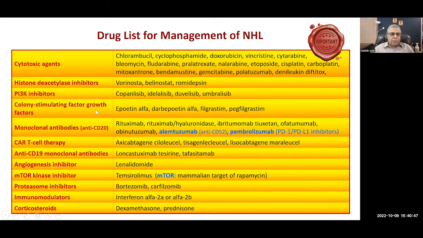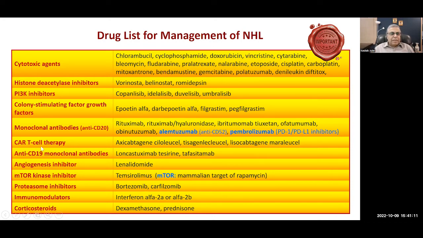Then colony stimulating factors, erythropoietin, I just mentioned them. And then you have got monoclonal antibodies, anti-CD20, rituximab. These are important, okay? All of them are anti-CD20 except these two, lemtuzumab and pembrolizumab. You have seen pembrolizumab in previous lectures, okay?